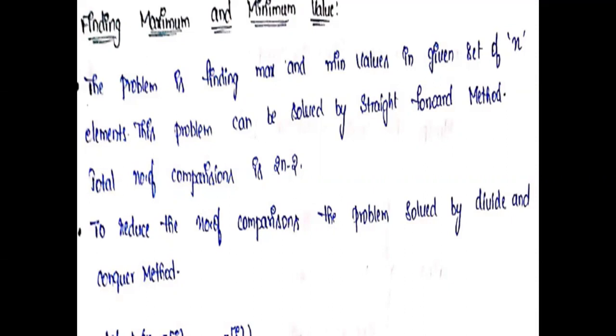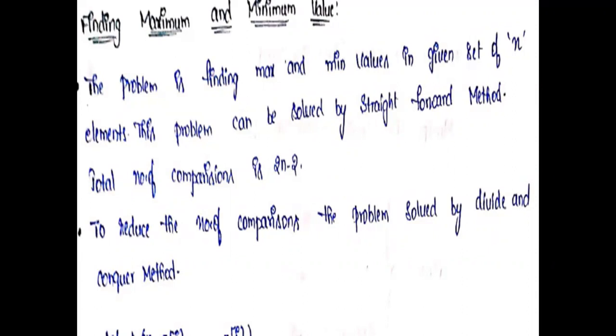Similarly, to find the minimum value, the total number of comparisons is n minus 1. Totally, to find both maximum and minimum, the total number of comparisons is 2n minus 2.